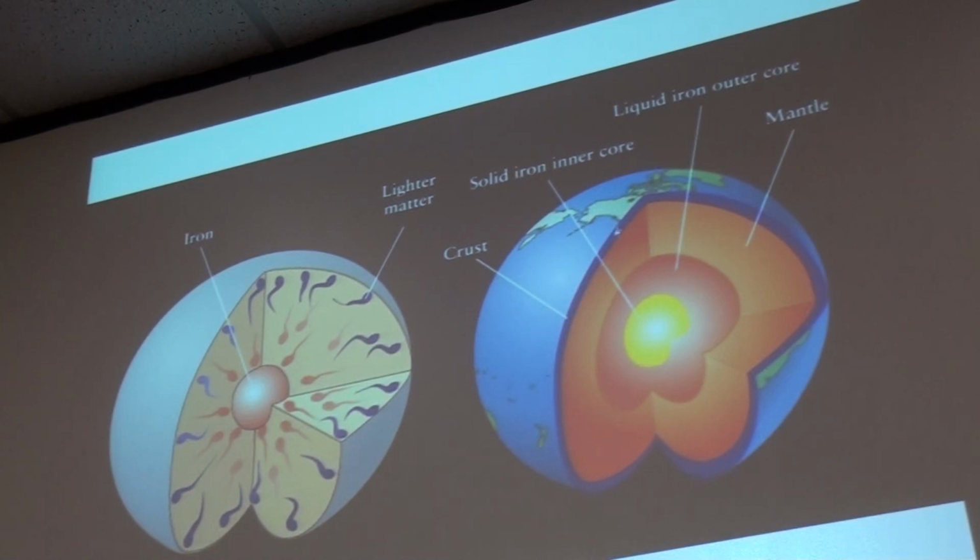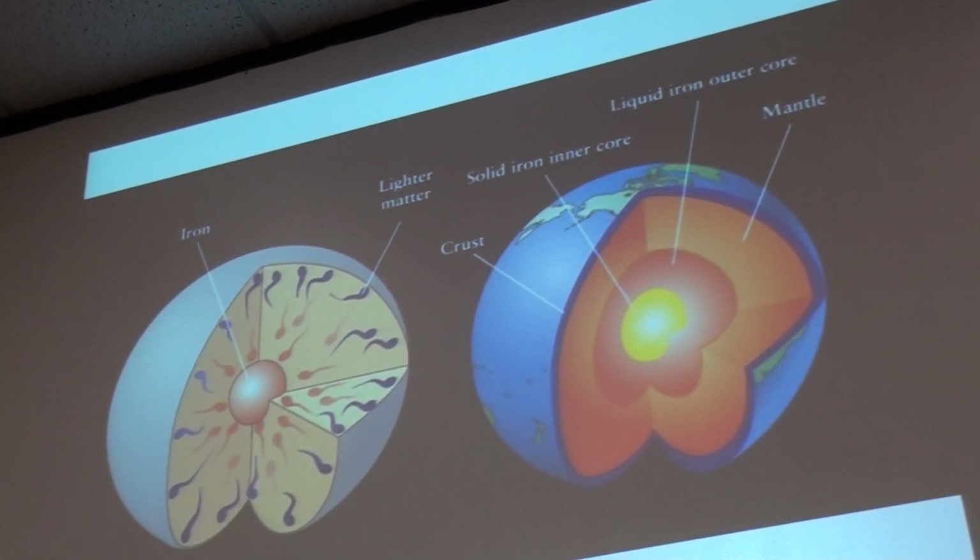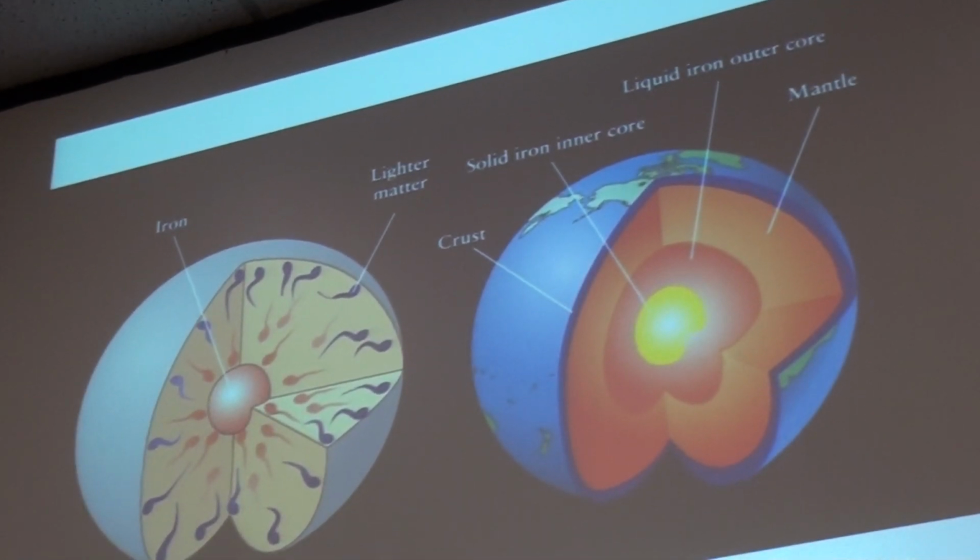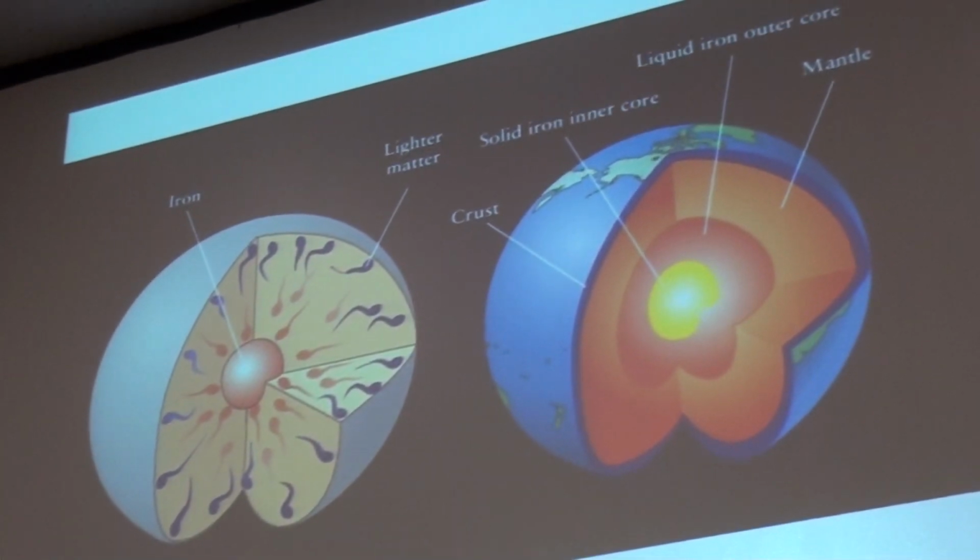Okay, and this crust is where we live, and that's floating on top of the mantle. But in the interior, we have the release of heat due to radioactive decay. And so that's the source of the internal heat that drives these volcanic eruptions.